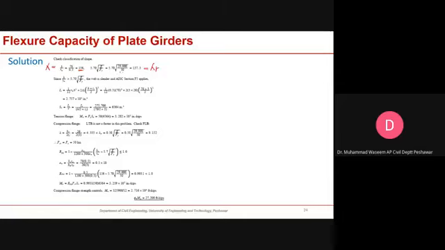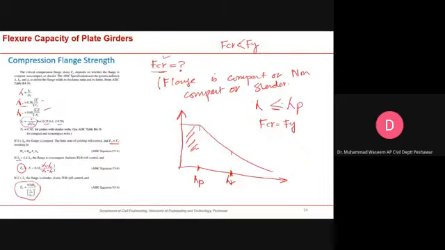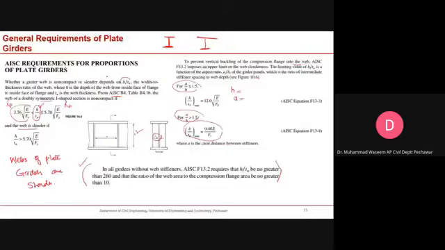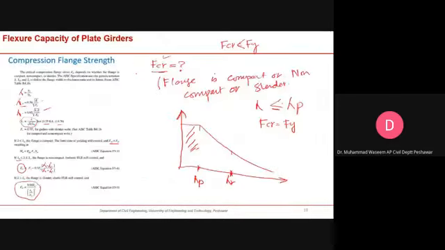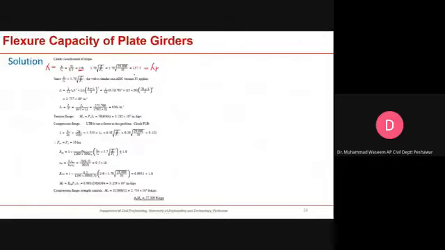And for lambda p, if we go back here, lambda p is this one: 3.76 square root of E by Fy.